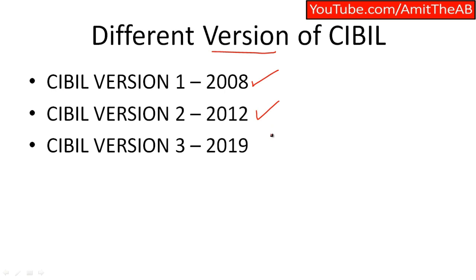And finally, somewhere in the end of 2019, CIBIL version 3 was launched, and that version 3 takes into consideration the exhaustive credit history of the consumer.